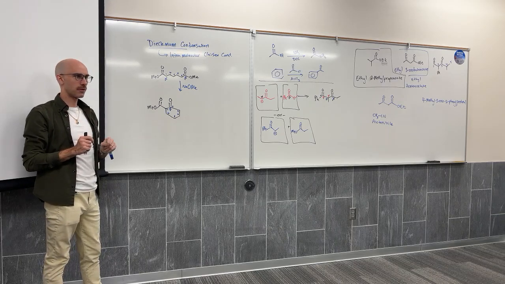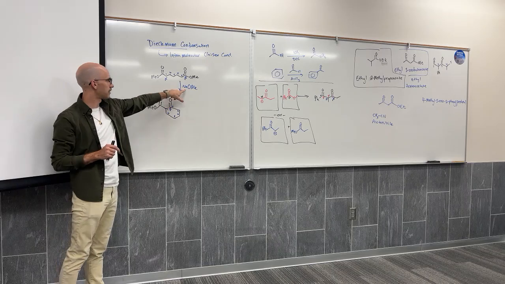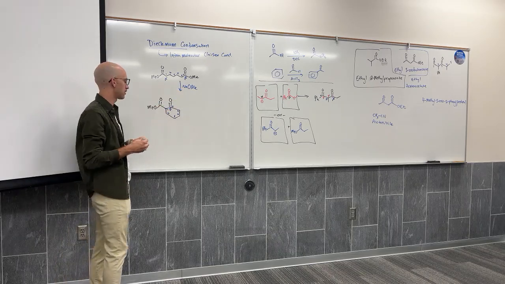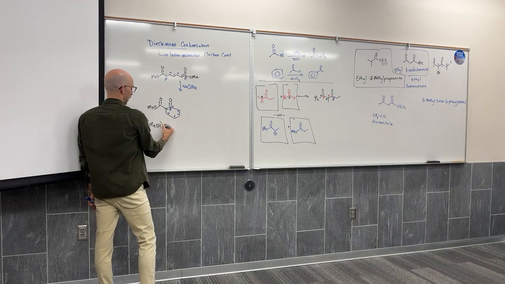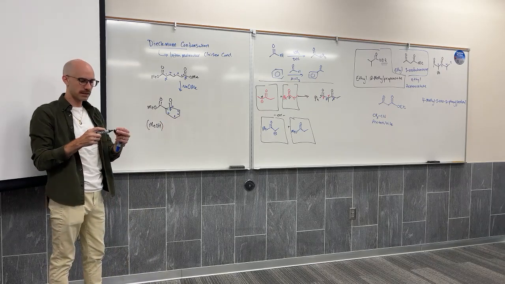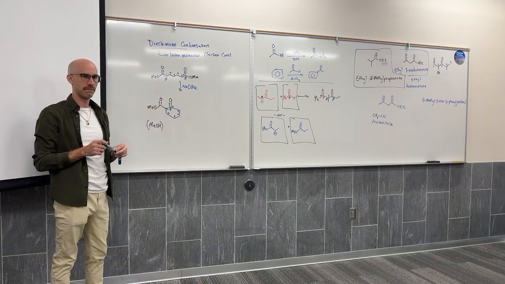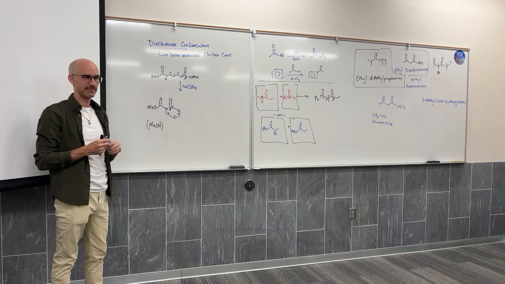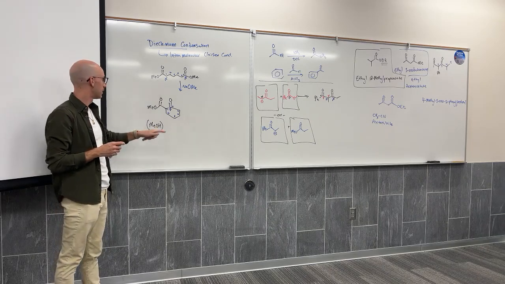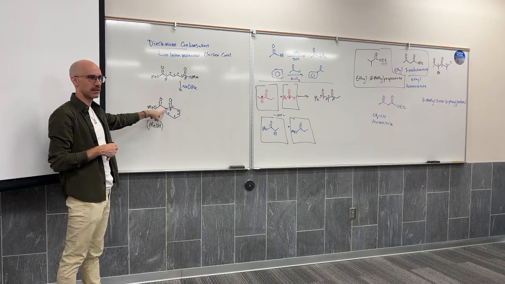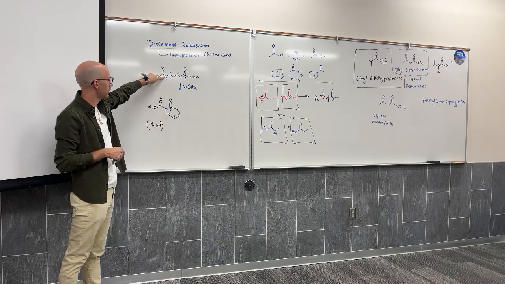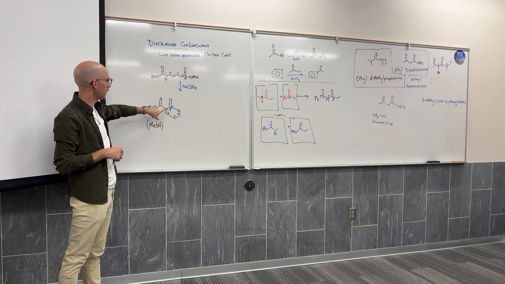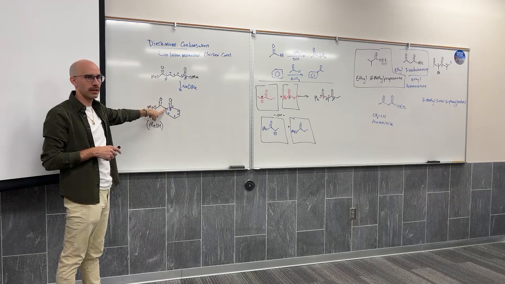Do you guys remember how this base serves in this reaction? I produce an equivalence of methanol, but that base is acting as what? Catalyst. So the base is still present here. What's more acidic, the alpha hydrogen, carbon 1, in the beginning, or the alpha hydrogen at carbon 1 in the product?